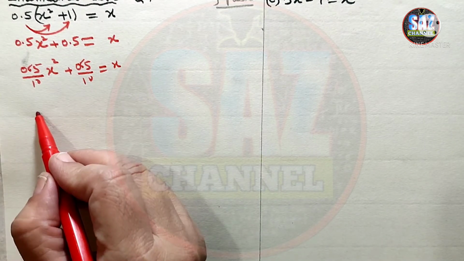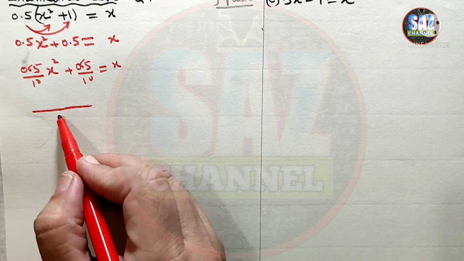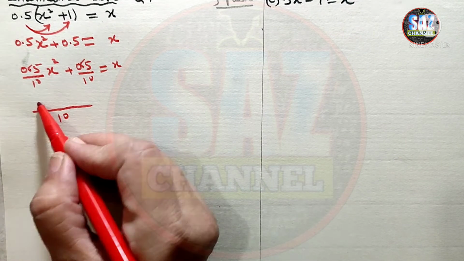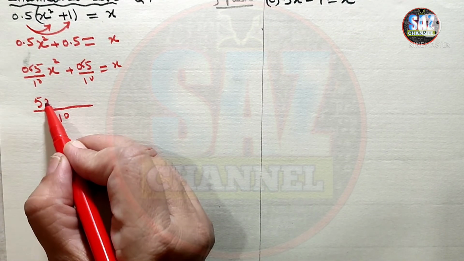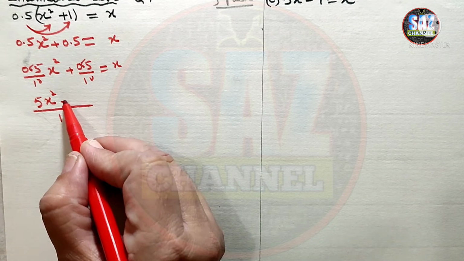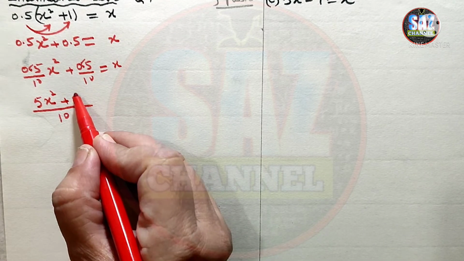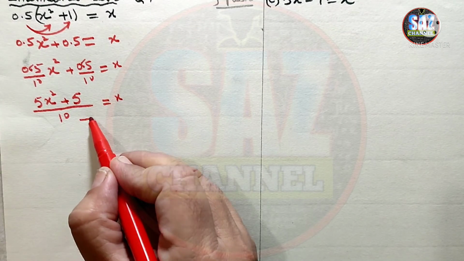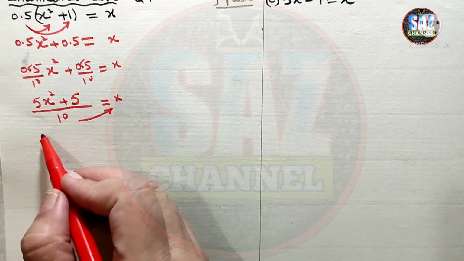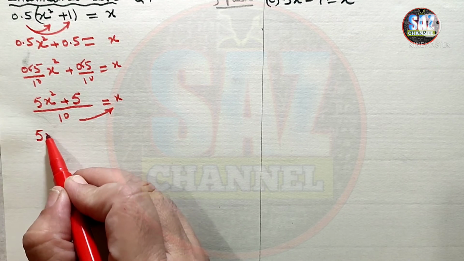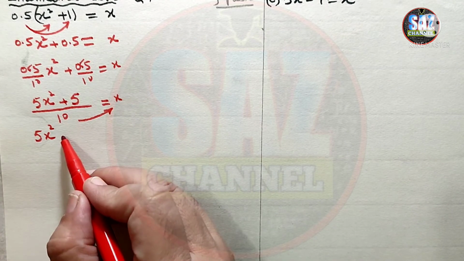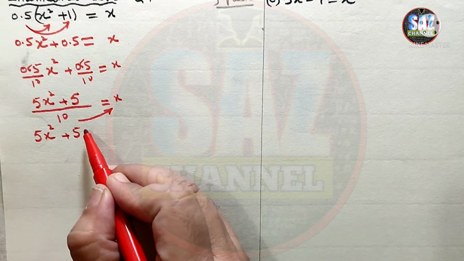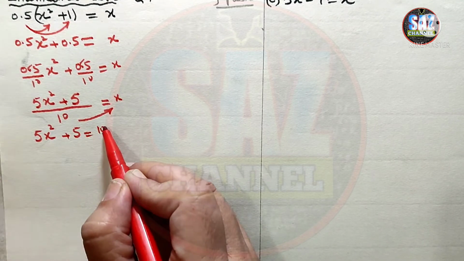Now take the LCM, 10 will be the LCM, so it will become 5x square plus 5 equals x, or what we can do is shift 10 to the other side. 5x square plus 5 equals 10x.